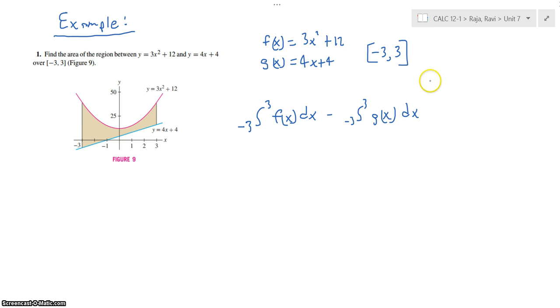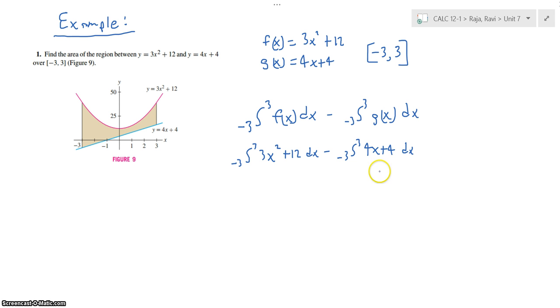Then we can plug in our functions, which gives us the integral from -3 to 3 of 3x squared plus 12 dx minus the integral from -3 to 3 of 4x plus 4 dx.